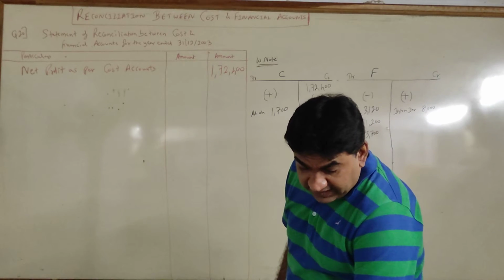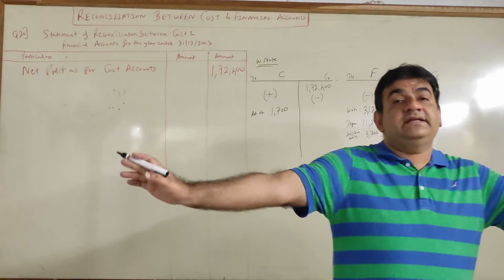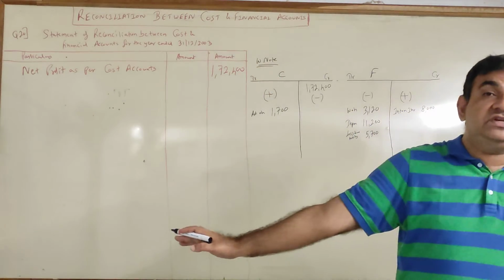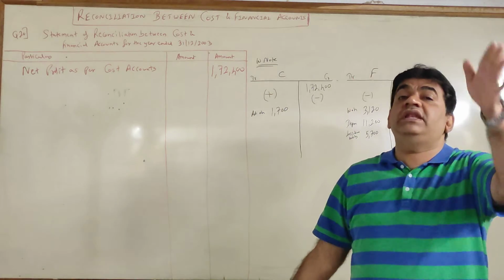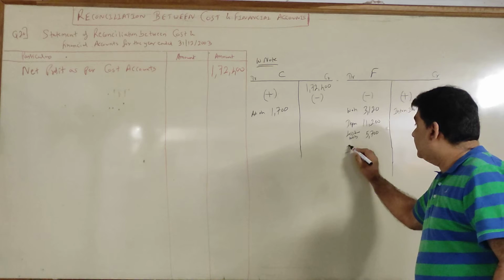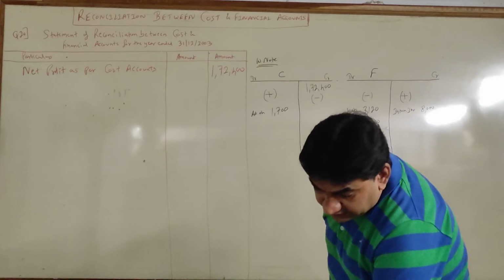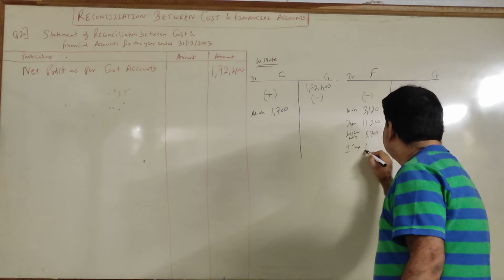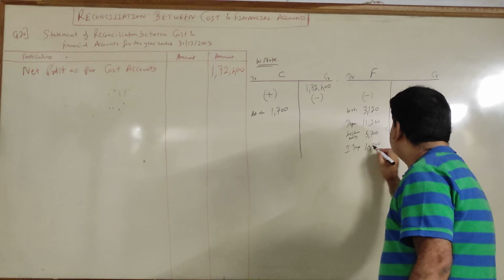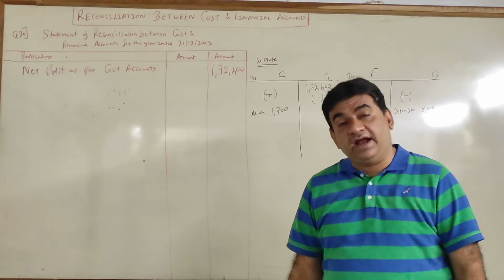Next, income tax provided in financial accounts. We have done it in cost sheet. Income tax never comes in cost sheet. It will come only in financial accounts. It is an expense. So again, it will be debited to finance only. How much? 4,300.